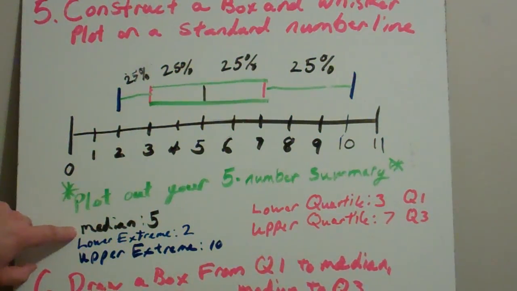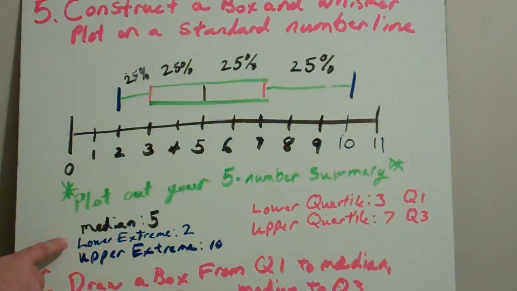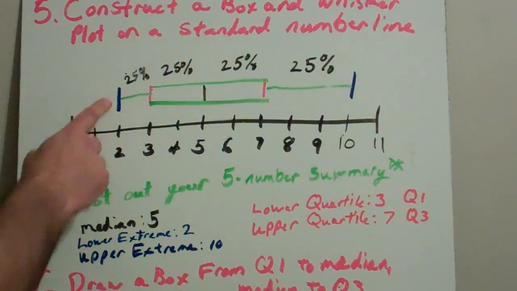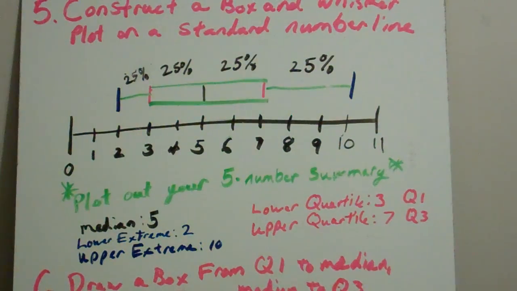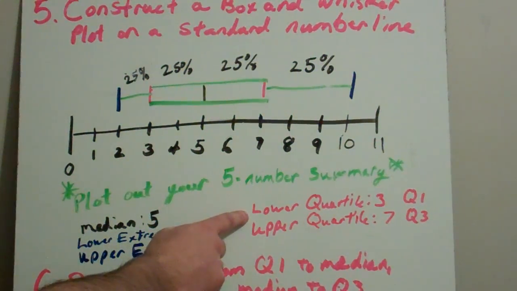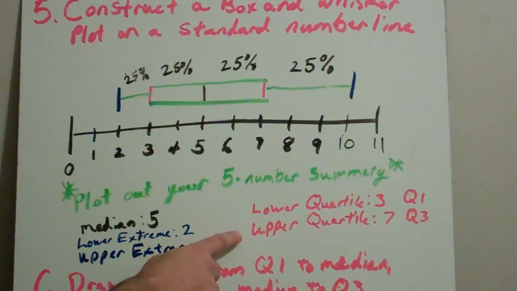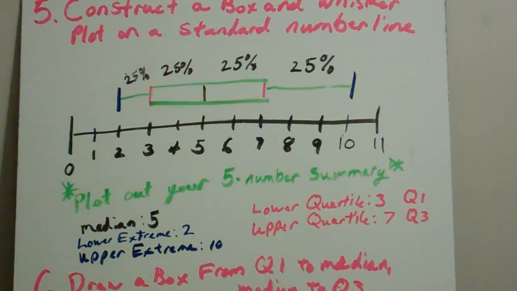In black we have our median, which is 5, a black vertical line. Our lower extreme and upper extreme are in blue. Our lower extreme is 2, upper extreme over here is 10. Our lower quartile or first quartile is 3, and our upper quartile is 7. So we draw those lines in first.